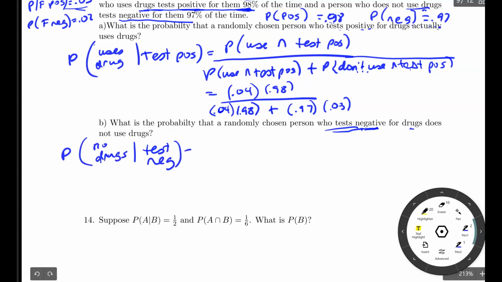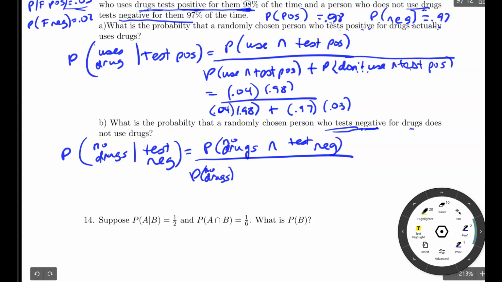So that's going to be the probability of doesn't use, no drugs, and test negative, divided by the probability of no drugs and test negative, plus the probability that uses and you test negative.